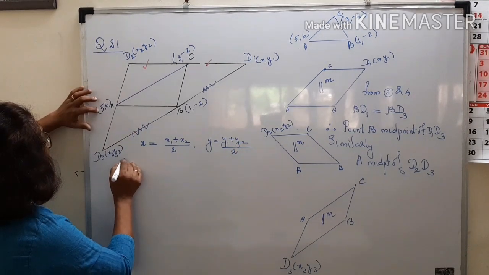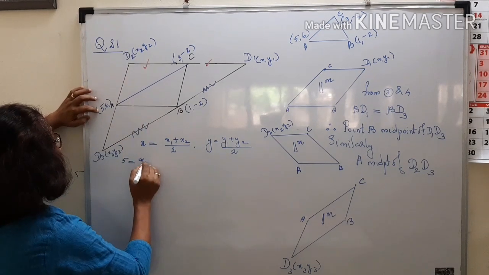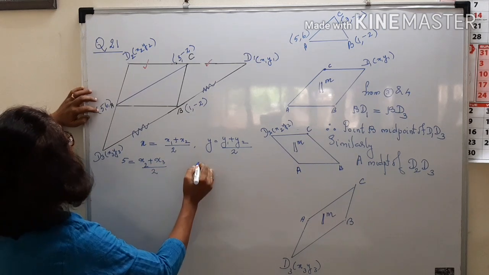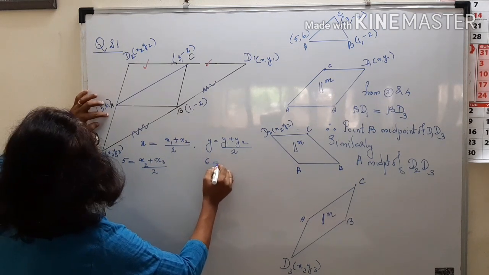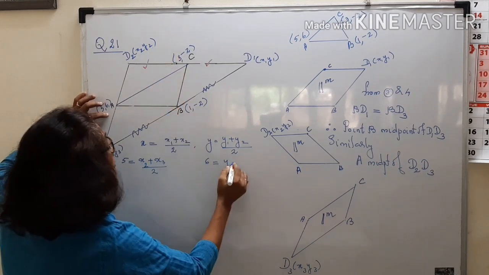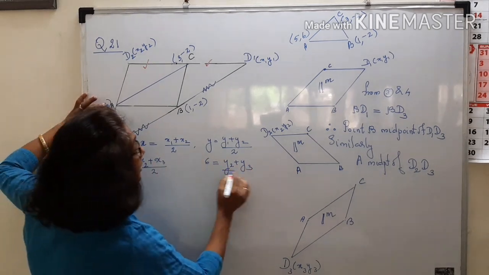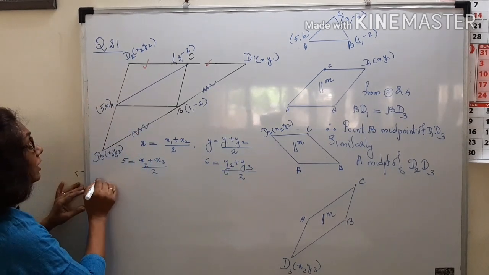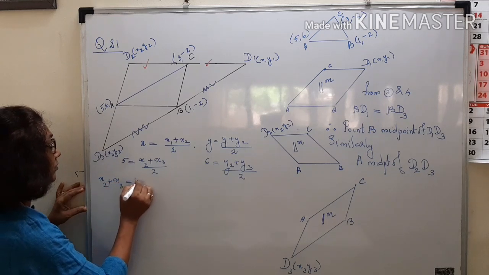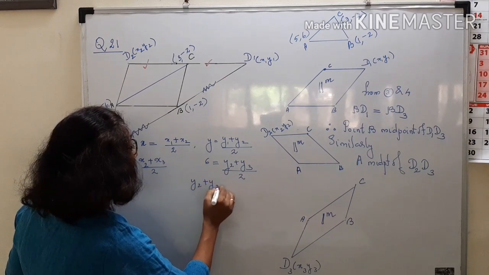So, 5 is equal to x2 plus x3 divided by 2, and 6 is equal to y2 plus y3 divided by 2. Cross multiply. X2 plus x3 is 10. Y2 plus y3 is 12.